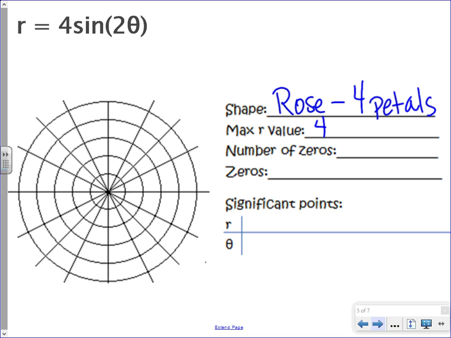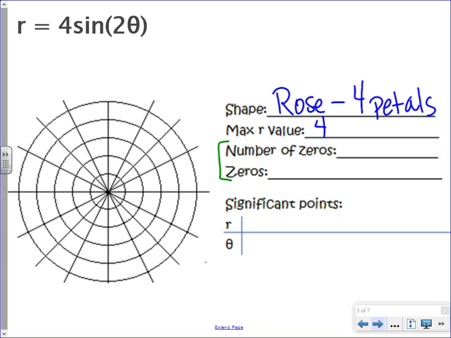Okay, now the zeros, we are going to wait until very last to find the zeros. As far as significant points go, I want at least 2 of them. I want where your first 0 is and where your first petal is.